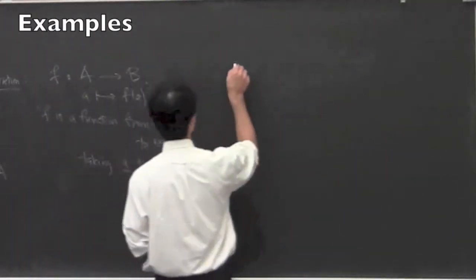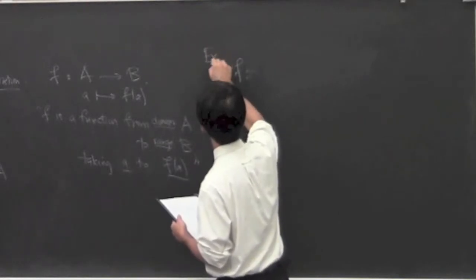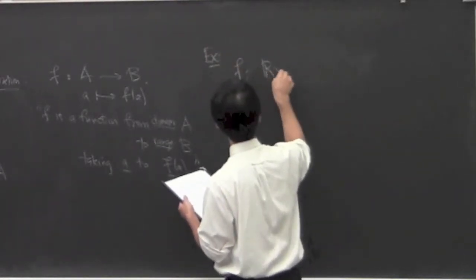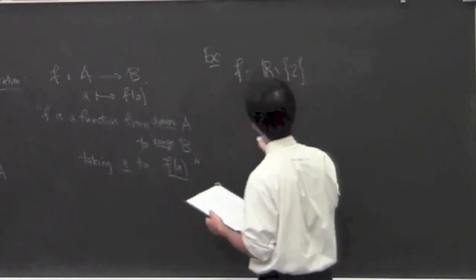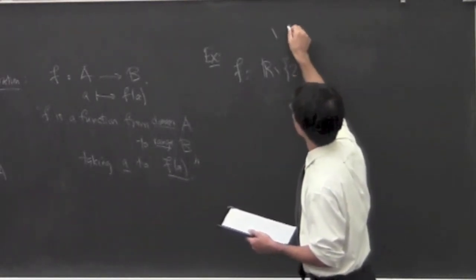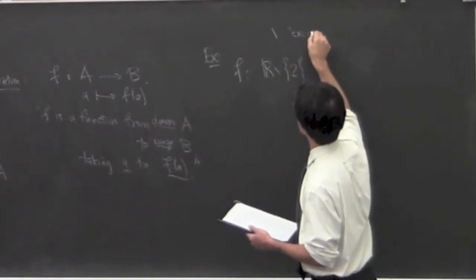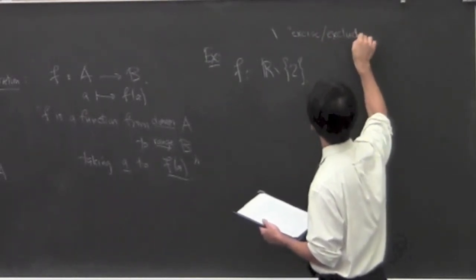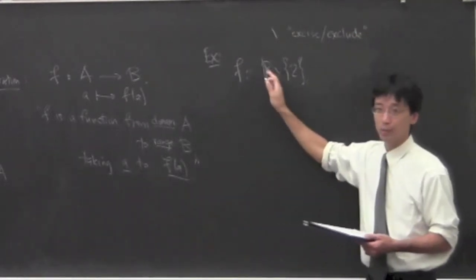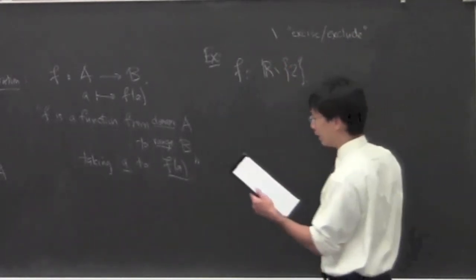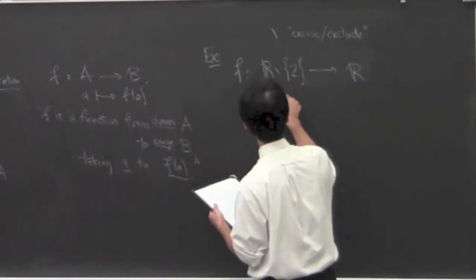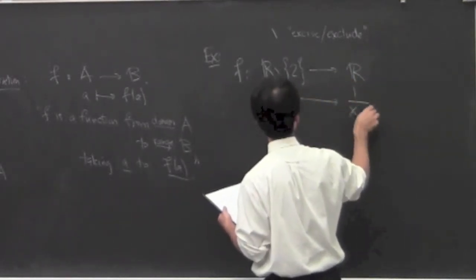So, to give a few examples, we could say we're going from the real numbers but excluding 2, where the slash means excise or exclude. So the real numbers except for 2, into R, and it takes x to 1 over x plus 2.